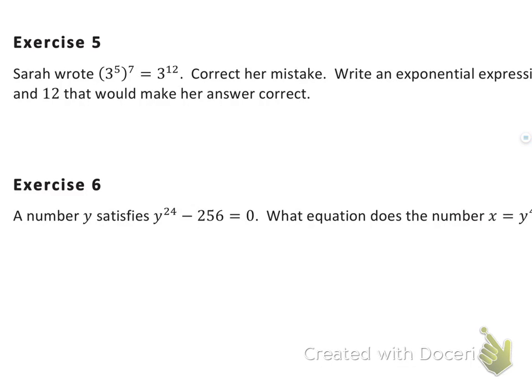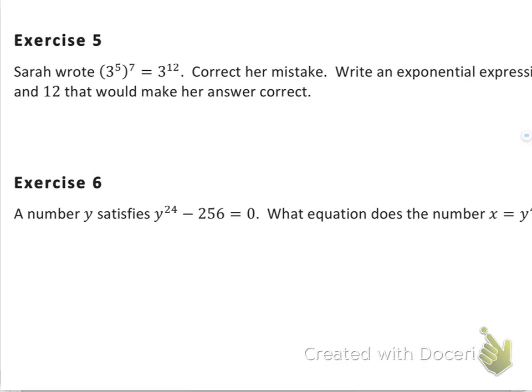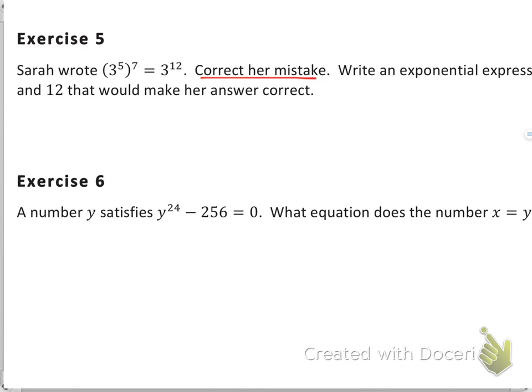In exercise 5, we have Sarah writing that 3 to the 5th raised to the 7th power is 3 to the 12th. We're correcting her mistake. Take a look at what happened there. Did she follow the rule?